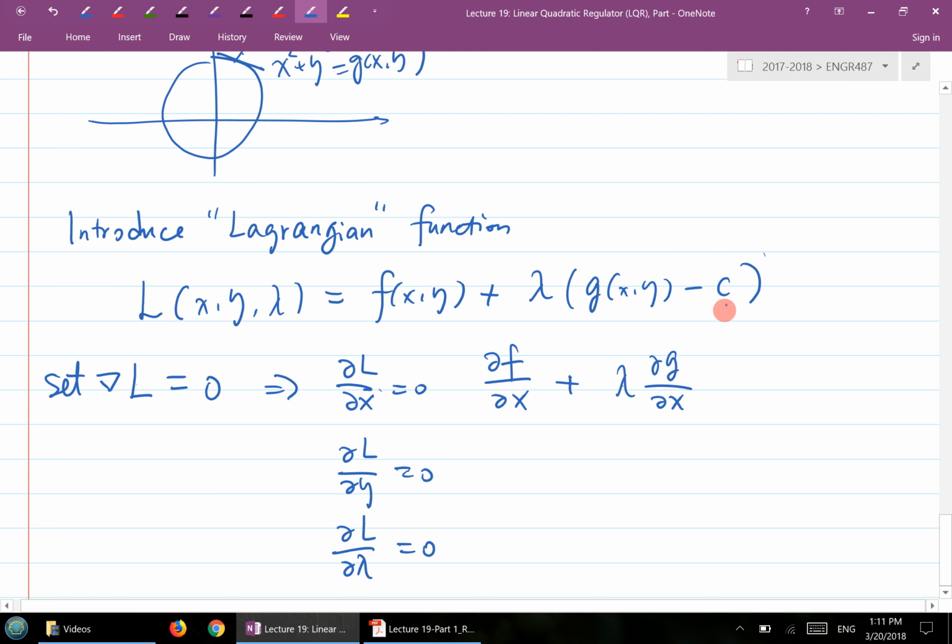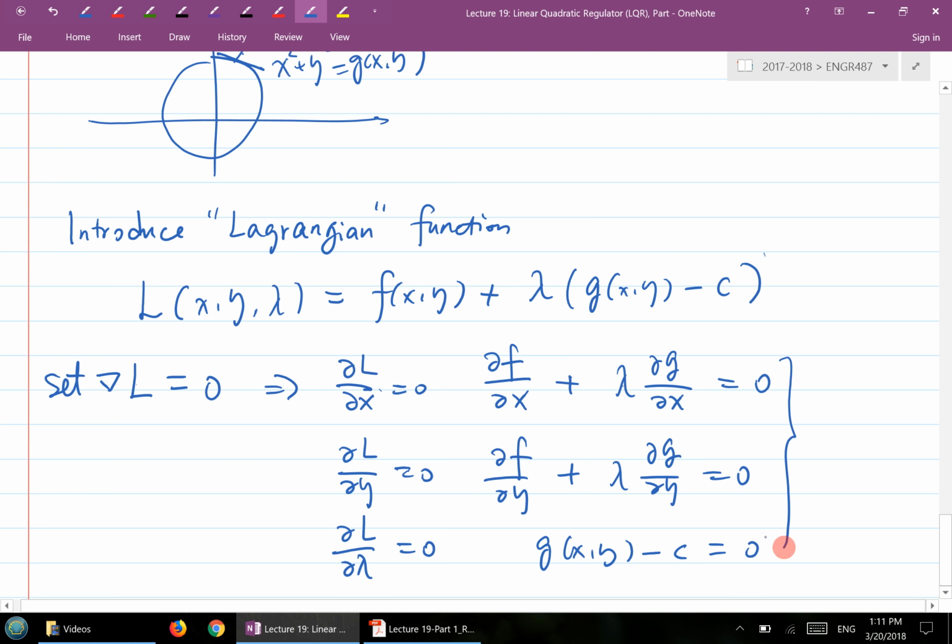And c is a constant with respect to x, so that's 0. Then you take partial L over partial y, and you get this equation. And for the last one, partial L over partial lambda, we get this term. So that's the result for taking the gradient and setting it equal to 0.